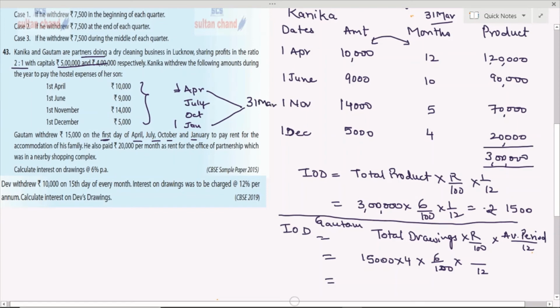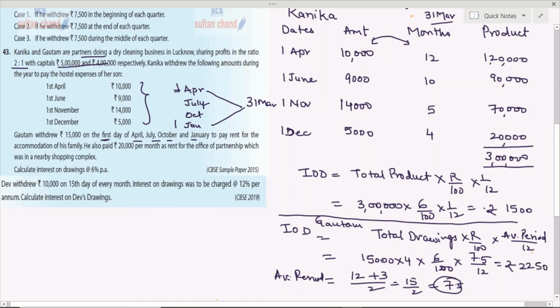So what average period are we getting here? 1st April to 31st March is 12, and 1st Jan to 31st of March is 3. So it comes to 15 by 2 or 7.5. So I'm going to take 7.5 here, which will give me the answer as 2250.